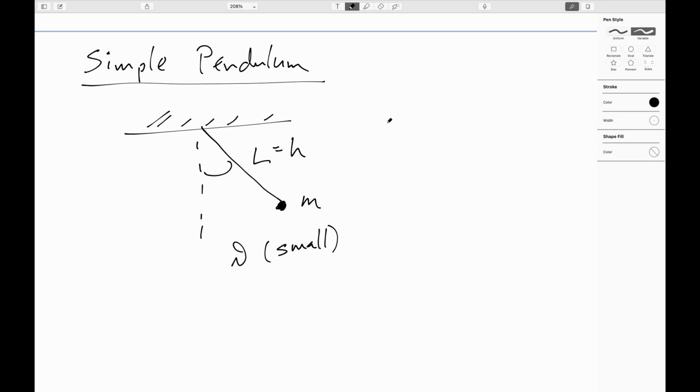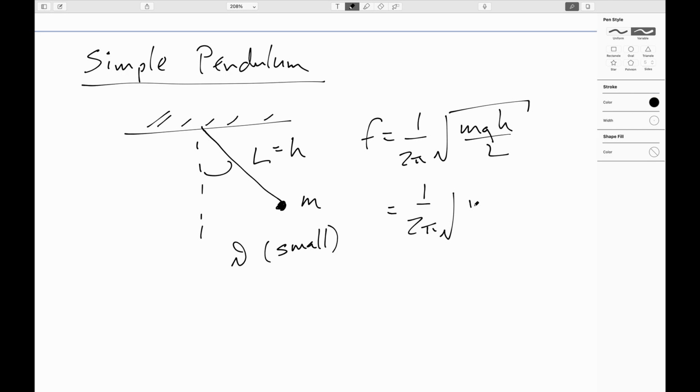So I can go ahead, do the same thing as before, and say we found before that the frequency was 1 over 2 pi root mgh over I. Well, in this case here, h just plain is L, and the moment of inertia will just be mL squared.